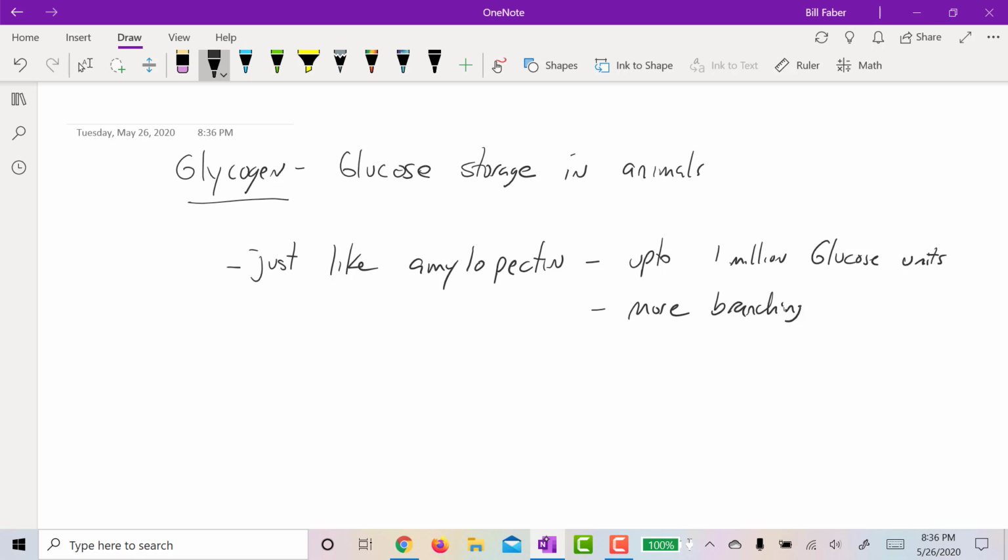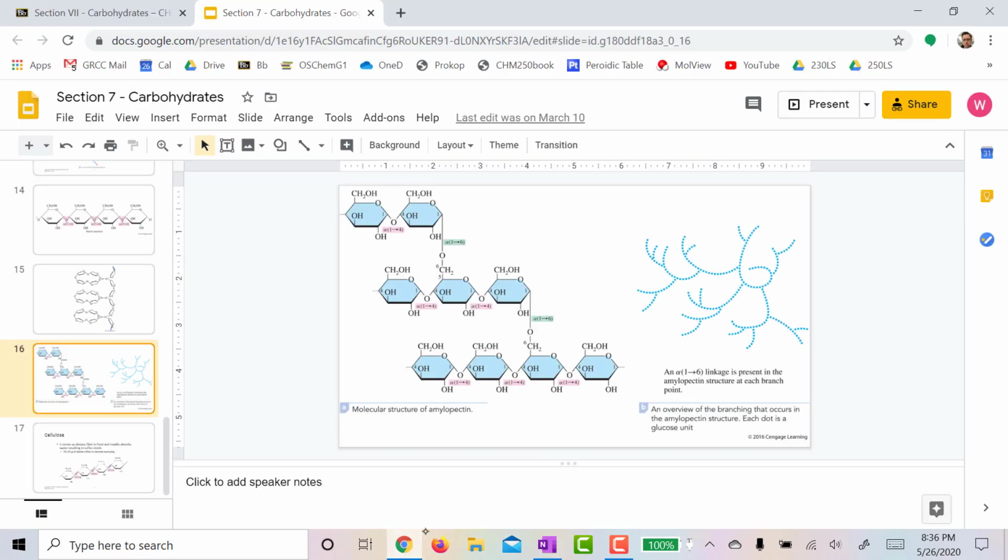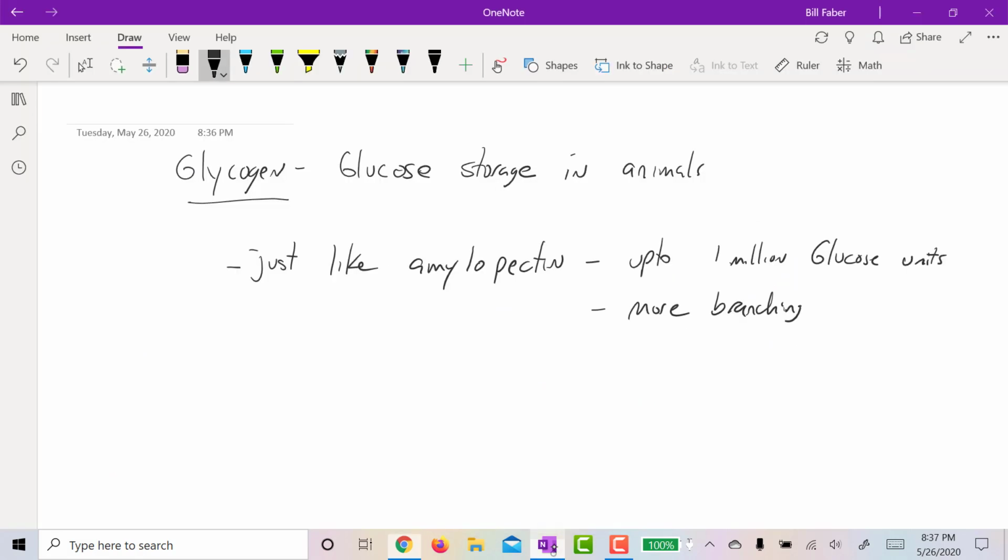So it would look basically just like the structure that we had in that image. It's just there'd be more branching, and I think it's important for you to understand why there's more branching.